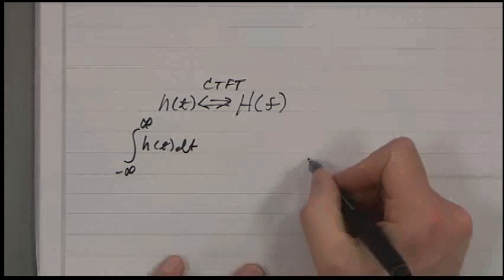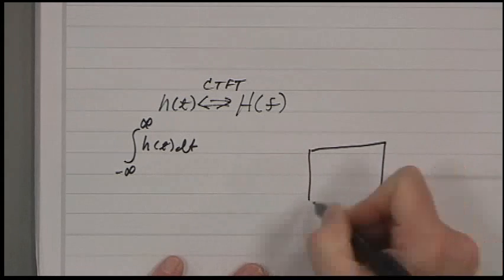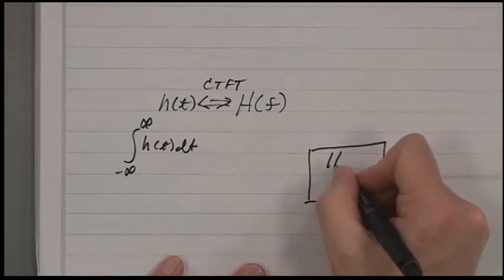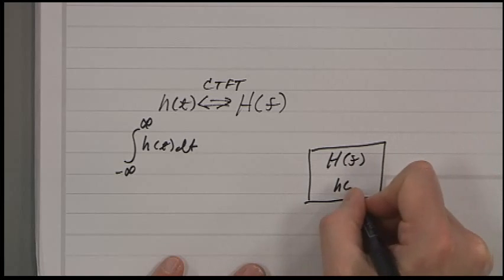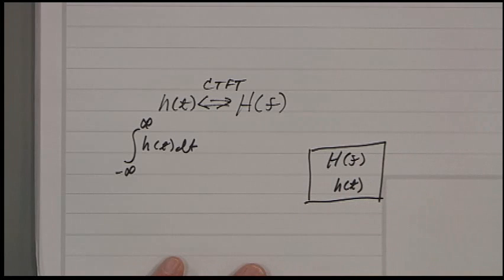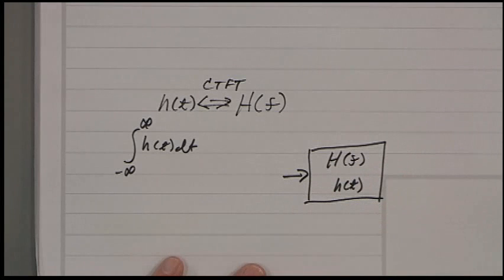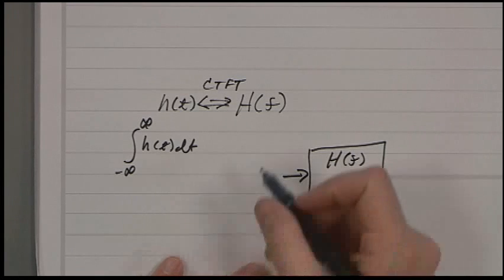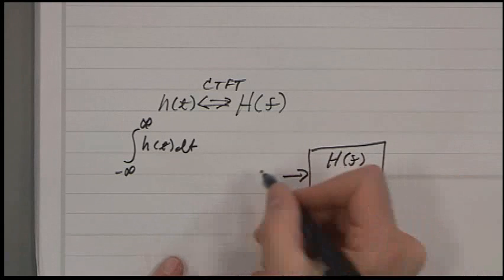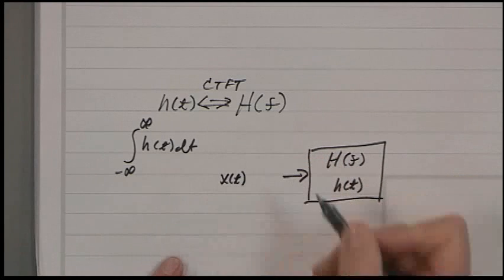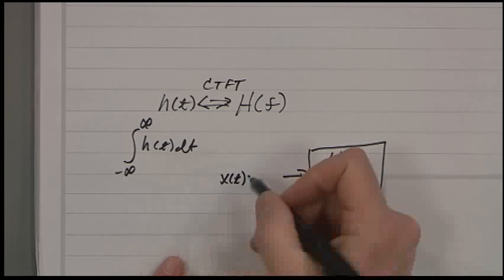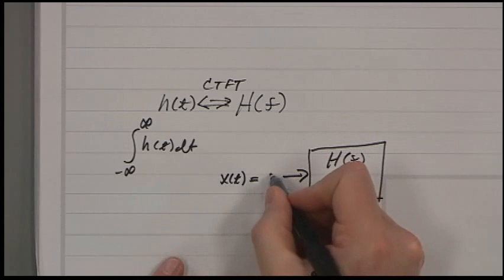So how many electrical engineers are in the room? You have a filter, right? And you have a signal going in, x of t, and let's say that x of t is equal to a constant c.